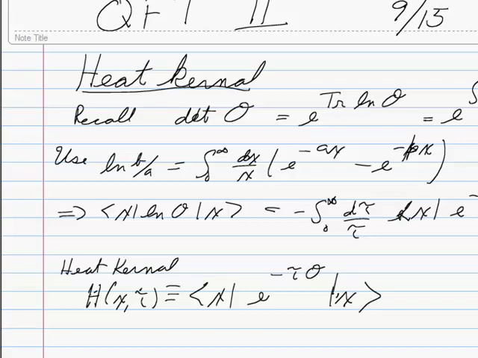Okay, so the name heat kernel comes from the fact that this is like e to the minus beta Hamiltonian that you get in thermo, and you're taking the trace just like you do in thermo. So it also has connections there.